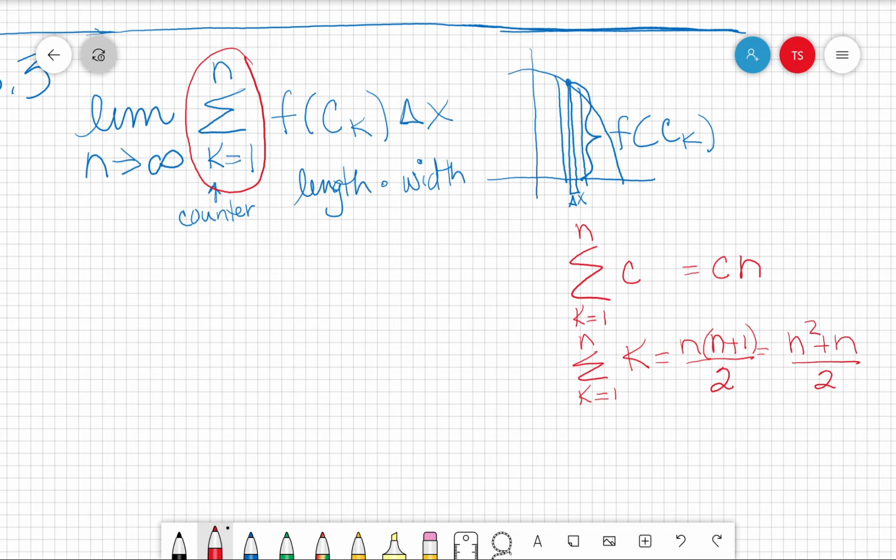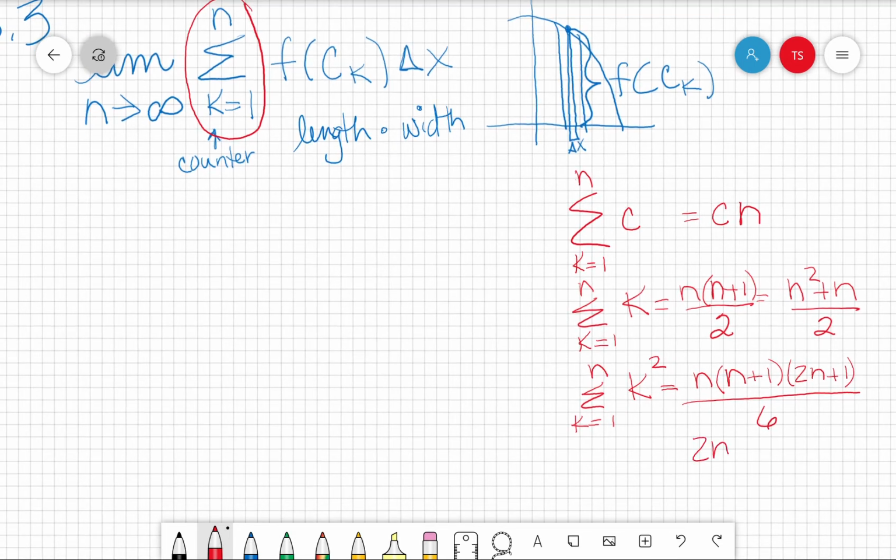And the third one we want to look at, the sum from k equals 1 to n of k squared, is going to be n times n plus 1 times 2n plus 1, all over 6. So this works out to be 2n cubed plus 3n squared plus n over 6. I think I have those formulas right.